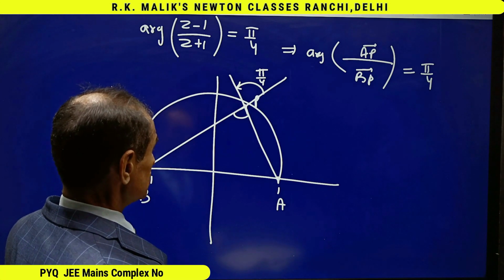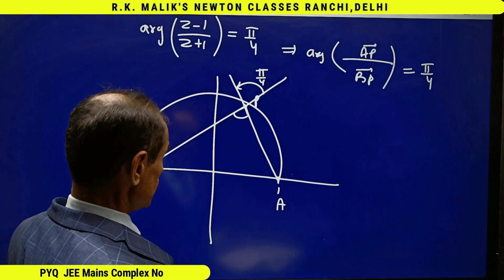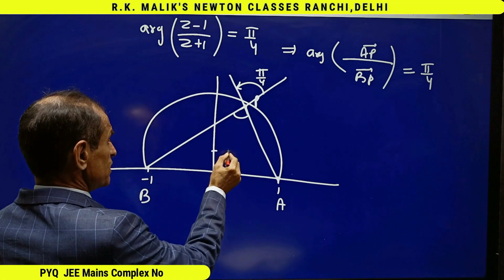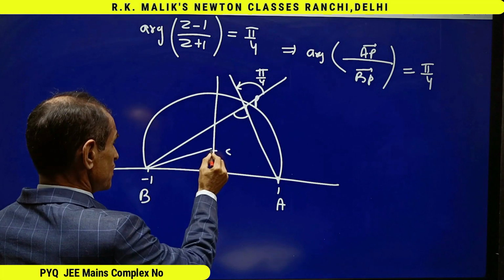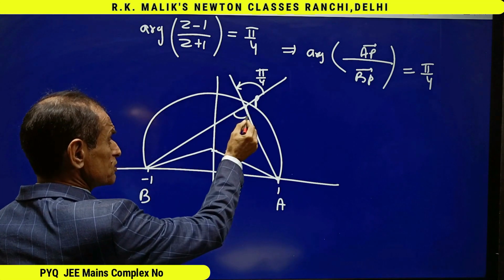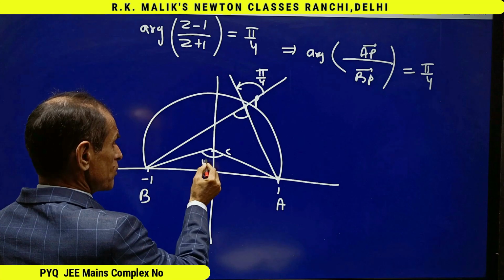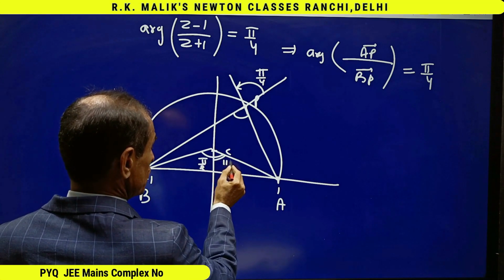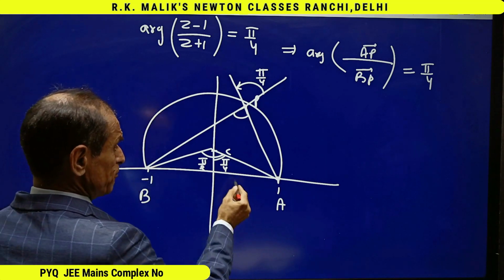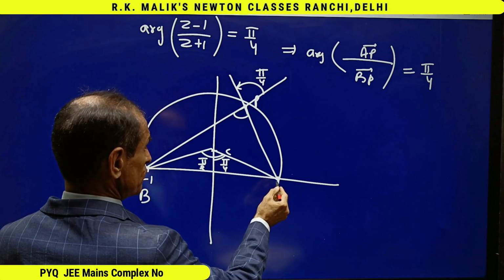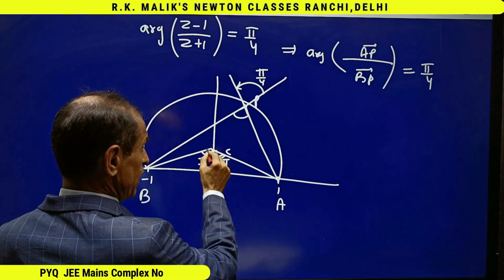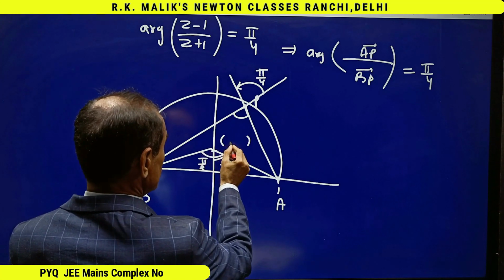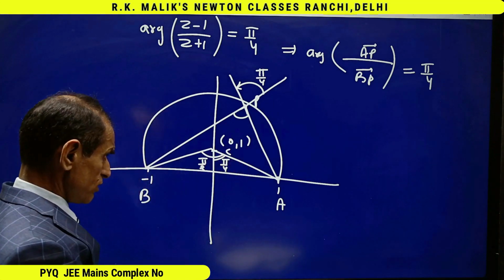And if you want to find the center and radius of the circle, it is clear that the center will be at a point, say C, such that because this is pi by 4, this will be pi over 2, and this is pi over 4. And because this length is 1, this length will also be 1. That is, the coordinate of this point will become 0 comma 1.